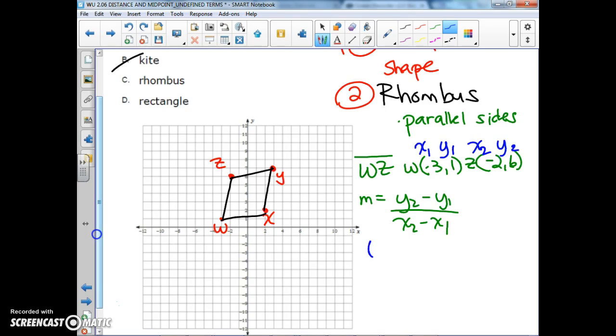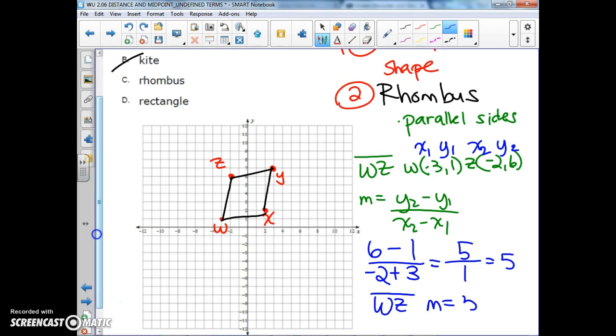Y2 is 6, so that's 6 minus y1, which is 1, over my x2, which is negative 2, minus my x1, which is negative 3. So that's negative 2 minus a negative 3, which makes it negative 2 plus 3. 6 minus 1 is 5. Negative 2 plus 3 is 1. So my slope here is 5 over 1, or just 5. So WZ, the slope is 5.